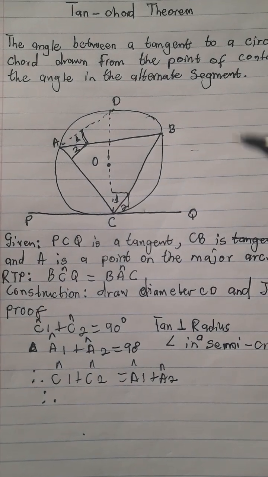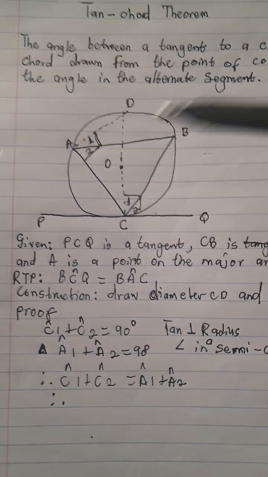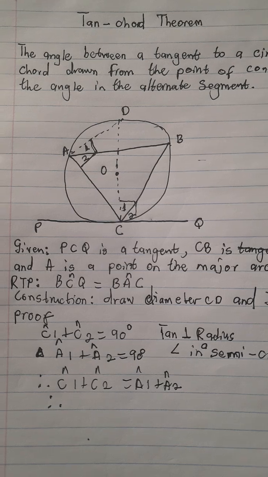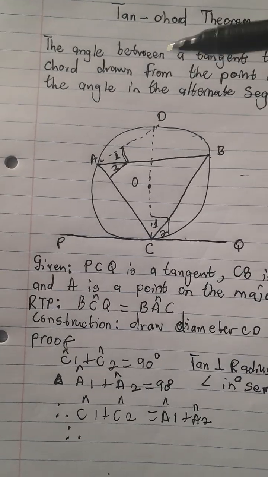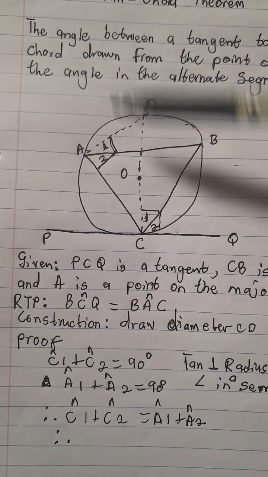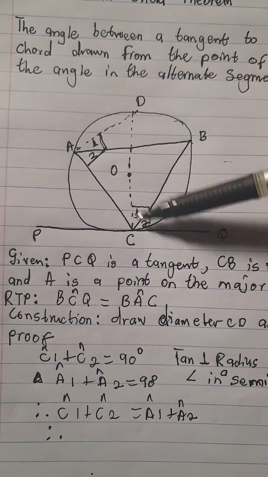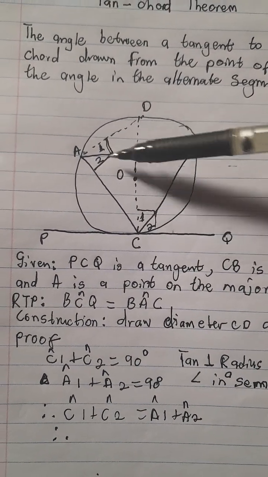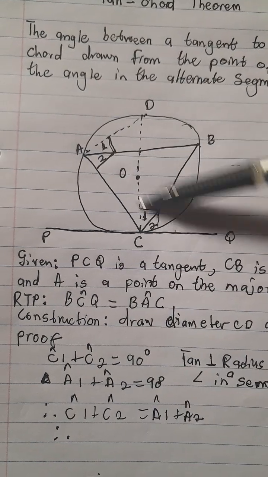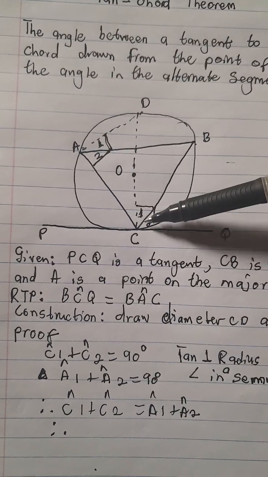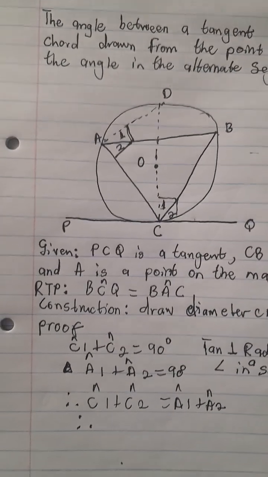I want you to see another thing again here. Can you see that this forms a bow tie? It forms what we call angles in the same segment. Can you see that angle A1 and C1 are angles on the same segment, right? Remember, this is more of a bow tie, so it's a cyclic quad. Angle A1 and angle C1 are equal to each other.